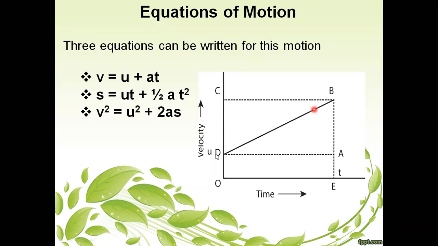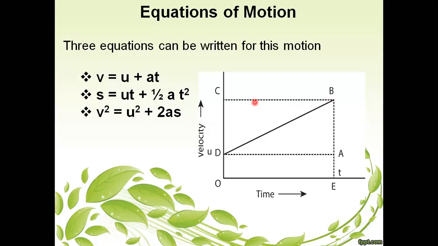The initial velocity is u, and with respect to time the object reaches the end point B. So we have an initial velocity and a final velocity, which shows the change in velocity. Change in velocity means acceleration. We studied acceleration one class before: acceleration equals change in velocity divided by time taken.